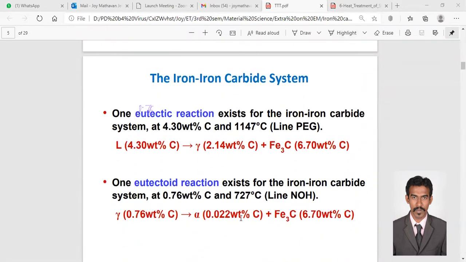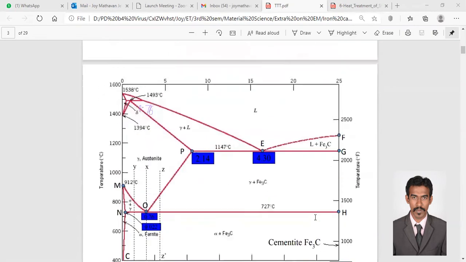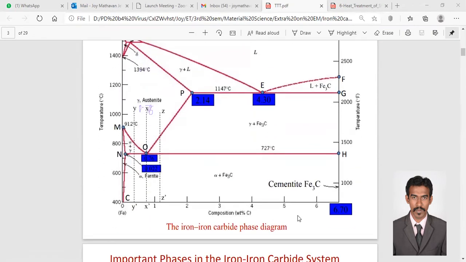So here this is 0.022 and here it is 6.7. So this alpha 0.022 and Fe3C 6.7. So we will see about this reaction.